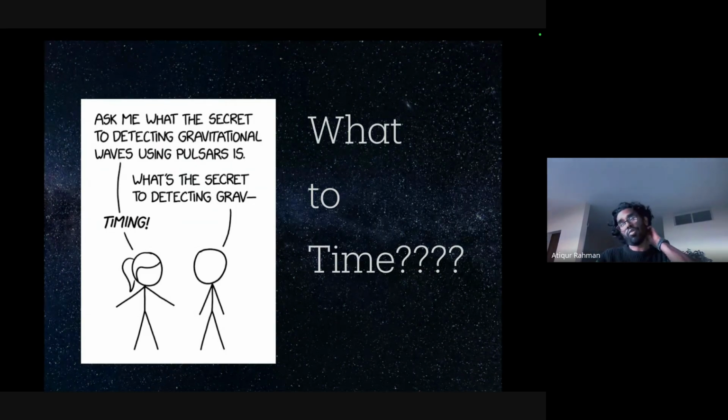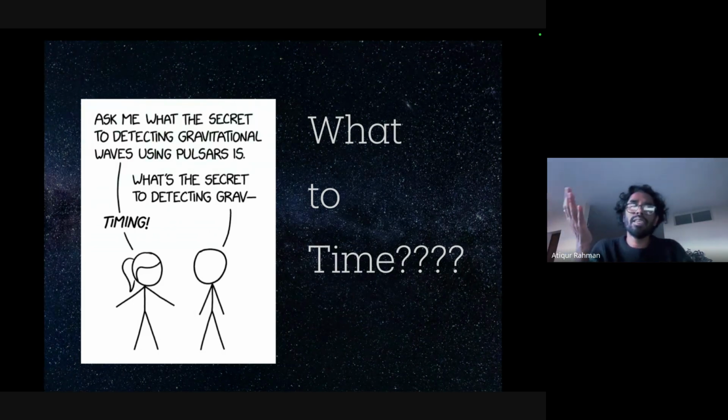Though it is emptier than most of our vacuums, even if you create a vacuum on Earth, the particle density inside that vacuum is still higher than the interstellar medium.